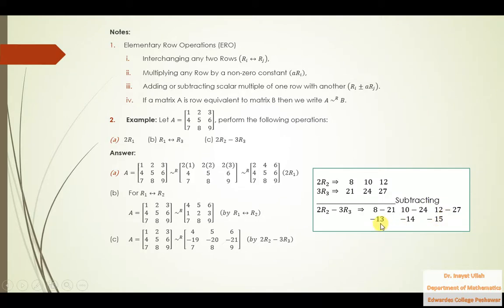We need to write these elements in row 2. So just look at that: minus 13, minus 14 and minus 15. So that is 2R2 minus 3R3.